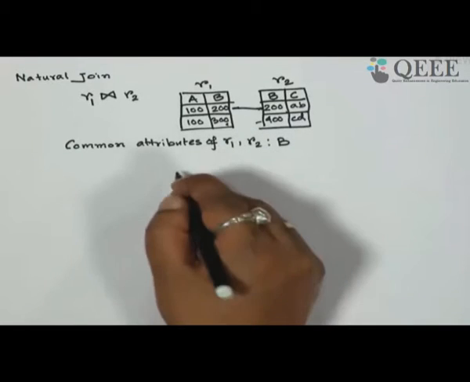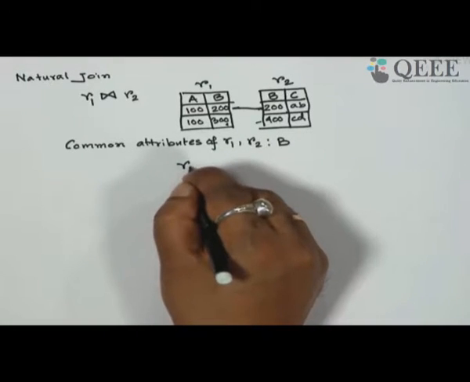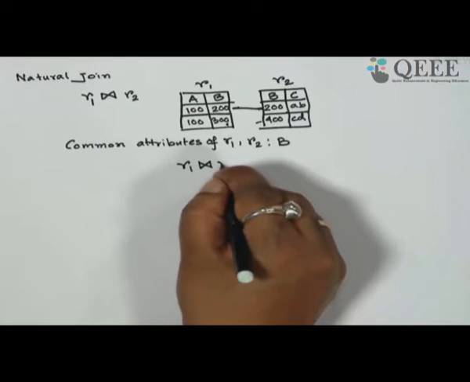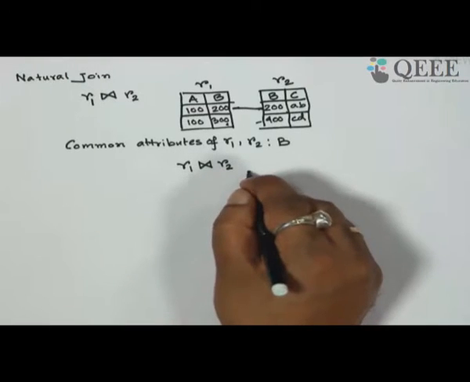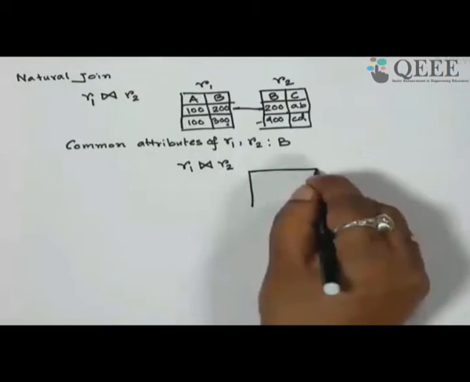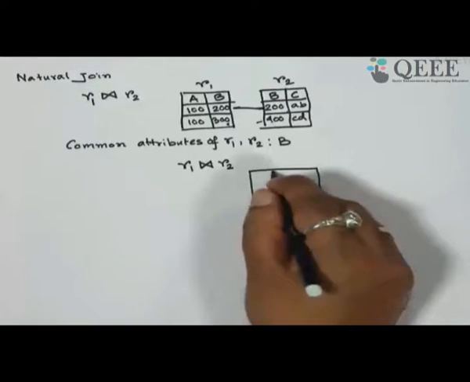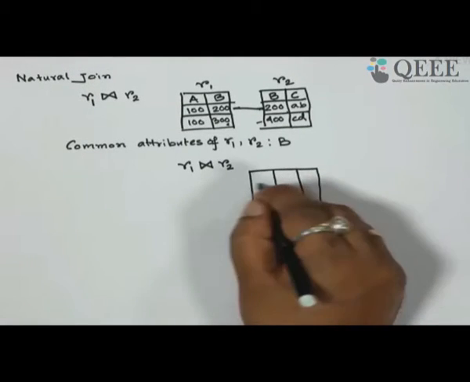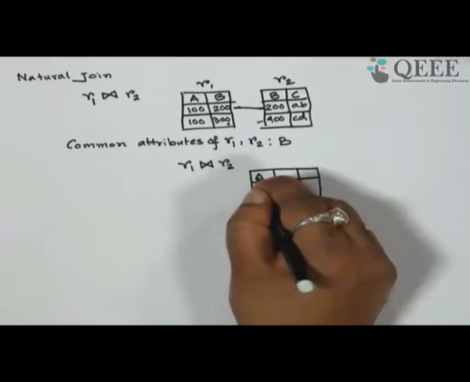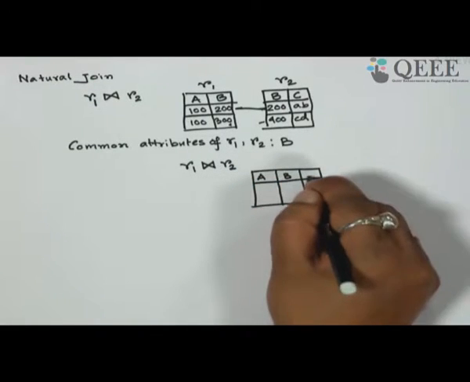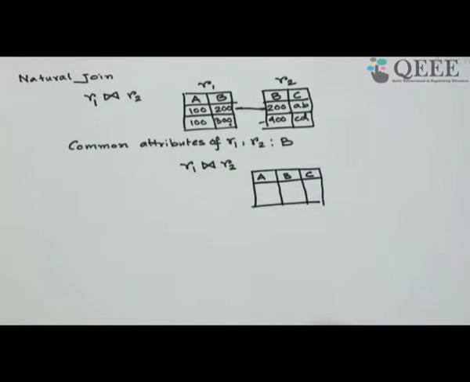So, the result will be like this. It will be a larger table containing A, the common attribute B, and the attribute of R2, C, and it will only contain the tuples that are joinable.